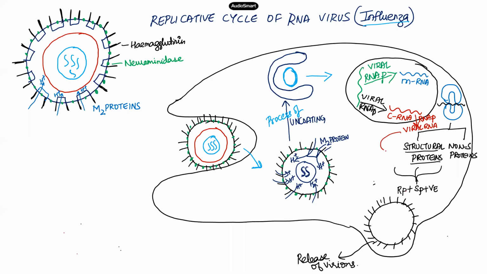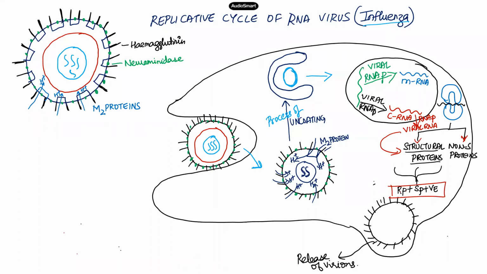Now this viral RNA helps in the production of structural proteins. So we have a single strand of RNA, the genetic material, that is acted upon by viral RNA polymerase. It forms mRNA or messenger RNA. It goes through the translation process in the ribosomes and helps in the production of two types of proteins, structural proteins and non-structural proteins.